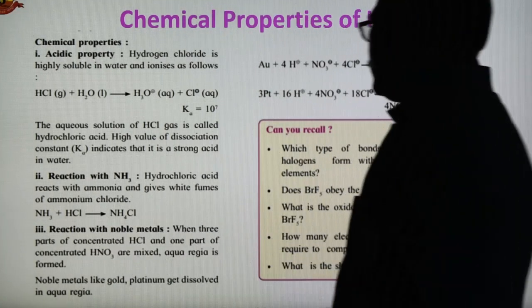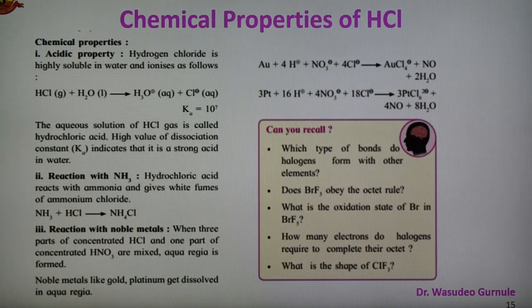The third important reaction is that it also reacts with noble metals like gold or platinum. As we know, some noble metals cannot be dissolved in an acid or base. In that case, for the substances which are not dissolving, we can make aqua regia. Aqua regia can be prepared from 1 part nitric acid and 3 parts HCl.